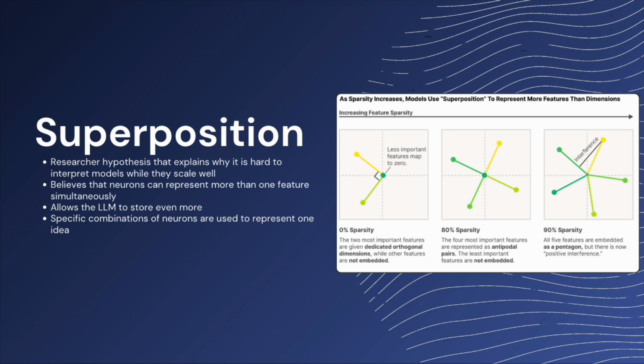Since a singular neuron can represent more than one feature, it makes it difficult to interpret singular ideas. So instead of one neuron activation corresponding to one idea, it would instead take a combination of multiple neuron activations to represent a singular idea.